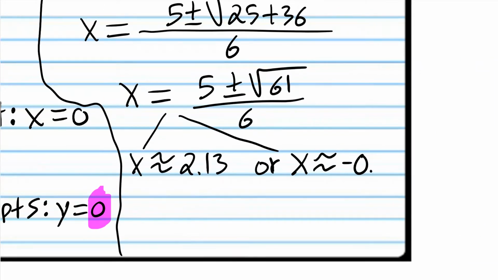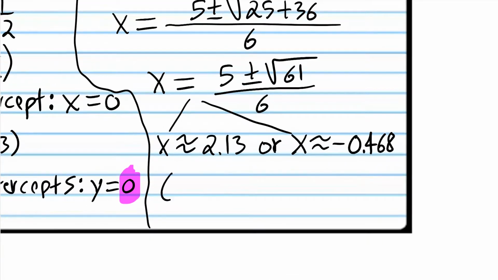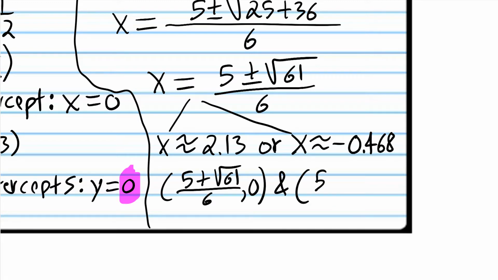So negative 0.468. Now we have a reference for the graph, but we're not going to write those numbers on the graph. We're going to write 5 plus root 61 over 6, 0, because that's an exact number, and 5 minus root 61 over 6, 0.